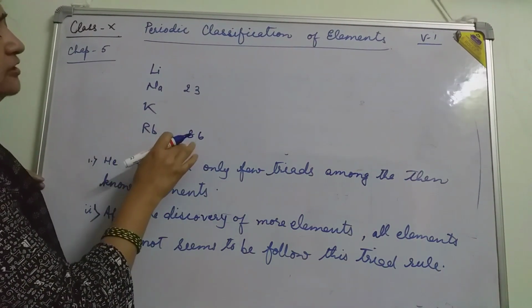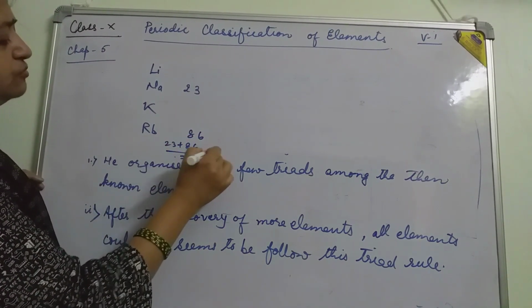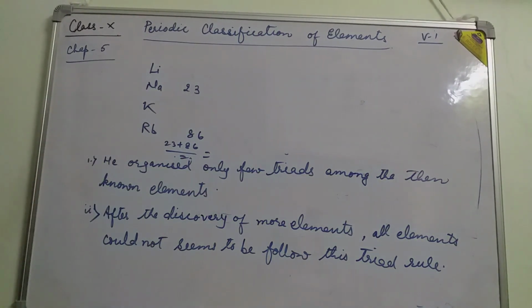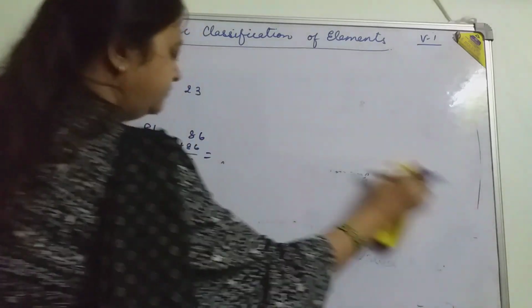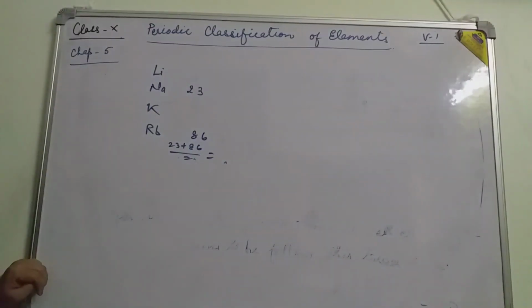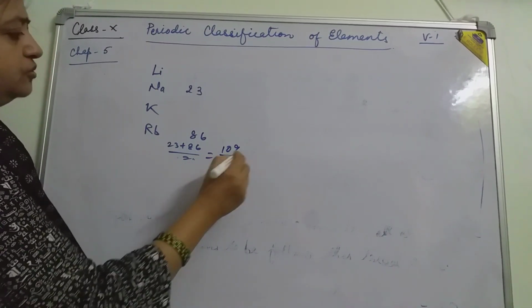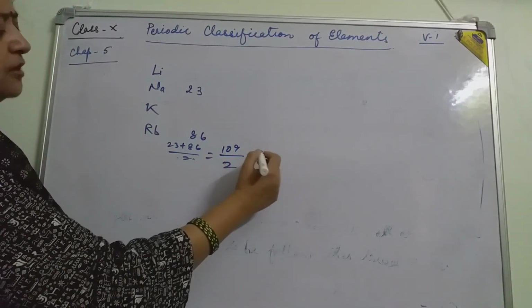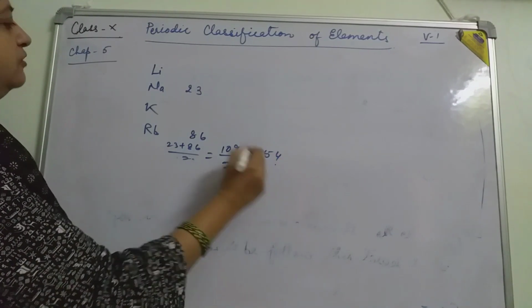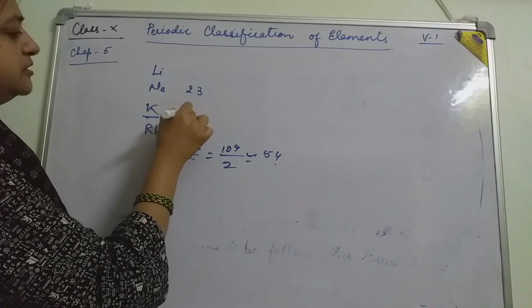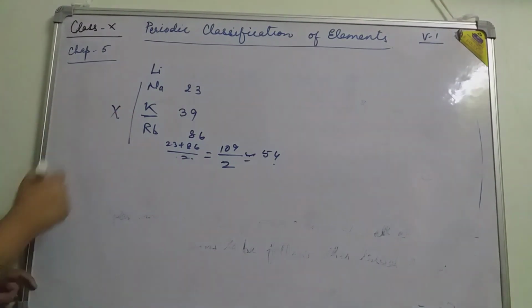The average, 23 plus 86 by 2, is 109 by 2, about 54. But we know that the mass of potassium is 39. So this is the wrong triad.